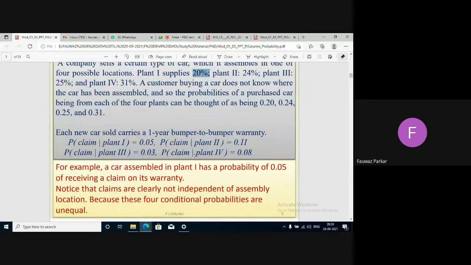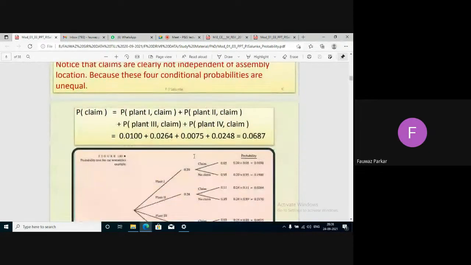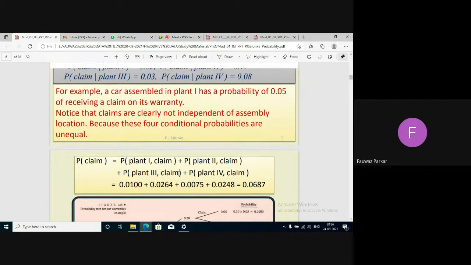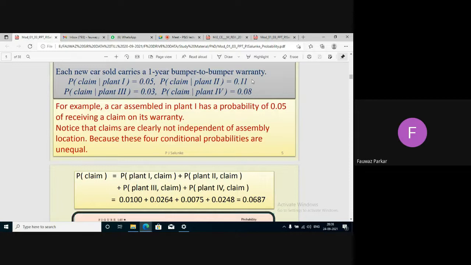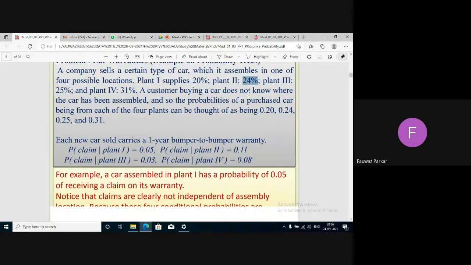Plant 1's claim, plant 2's claim, plant 3's claim and plant 4's claim. 20% means 0.2, so 0.05 into 0.2 will give us this. Similarly, 0.11 into 0.24, why 0.24, because 24% is 24 divided by 100, so 0.11 into 0.24 will give us this.